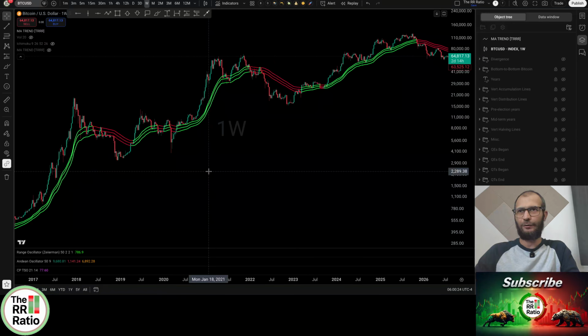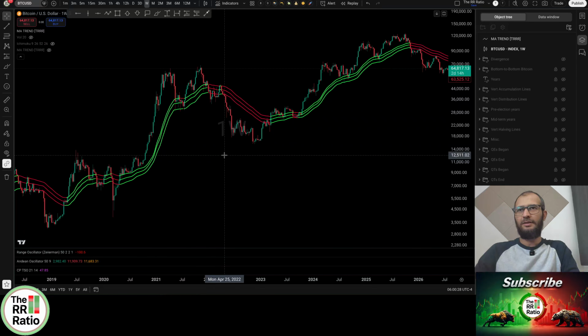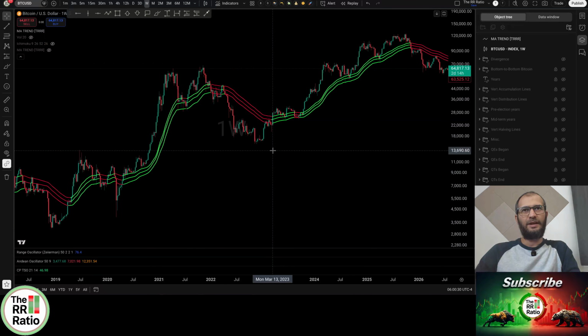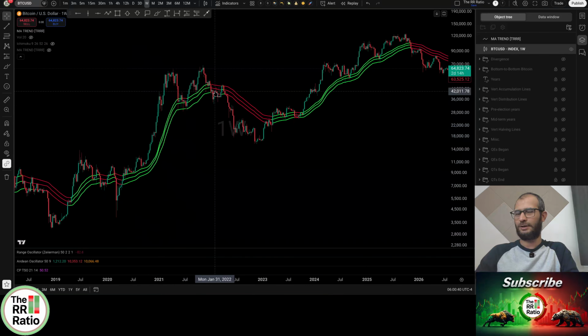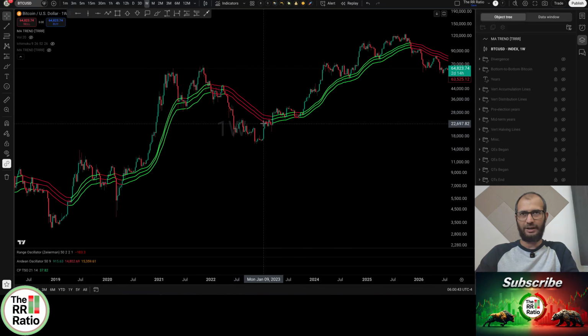Now, why do I have high, low, and the close? The reason for that is we need to somehow accommodate some market structure in the moving average. Typically, moving averages do not incorporate any form of market structure, because they are only based on the close.